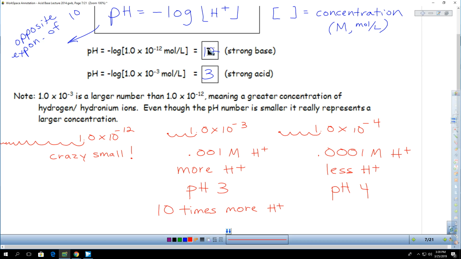The higher the pH value, it turns into a smaller concentration. 10 to the negative 12 is a crazy small amount of hydrogen. In fact, the solution is really a base. And now when I compare these two, a pH of 4 ends up being 10 times less hydrogen. It's a power of 10 less compared to this 10 to the negative third.